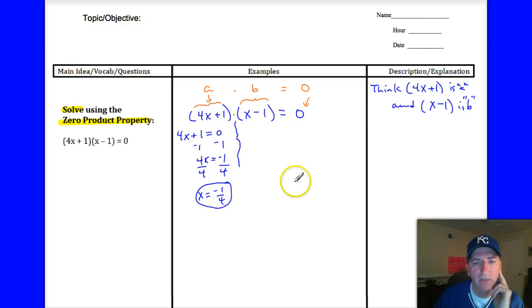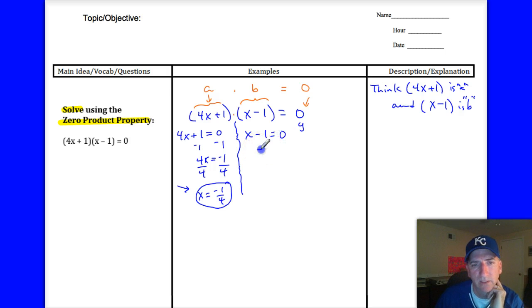So if this were to be graphed, that is the x-intercept. If this is y, again, that's y, and y is 0, then one possible solution would be x is negative 1/4. So you'd imagine a parabola going through that point, negative 1/4 and 0. All right, but it has another solution. x minus 1 could also equal 0.